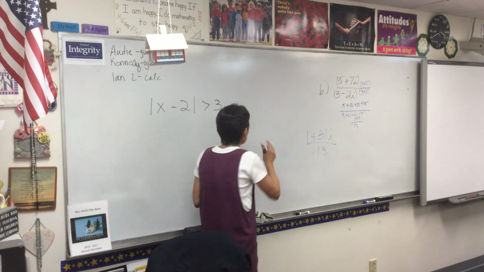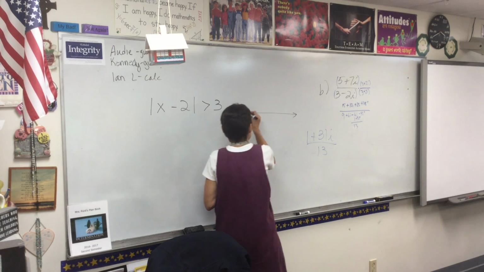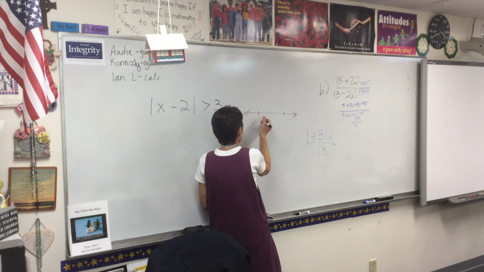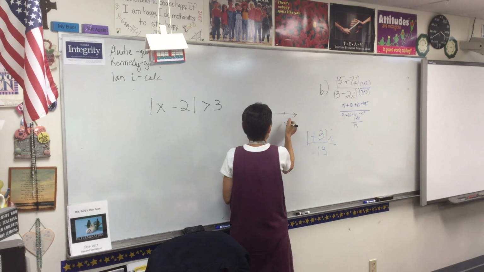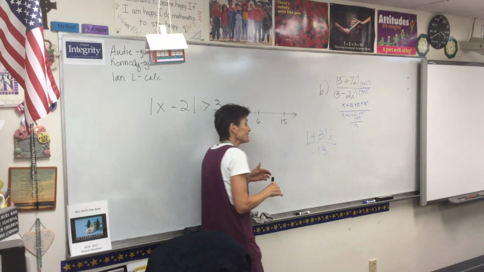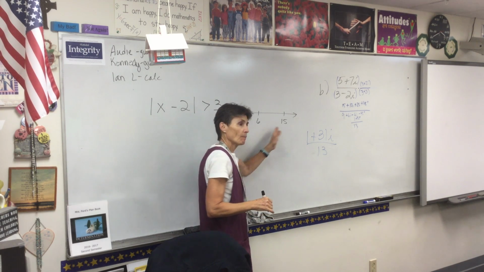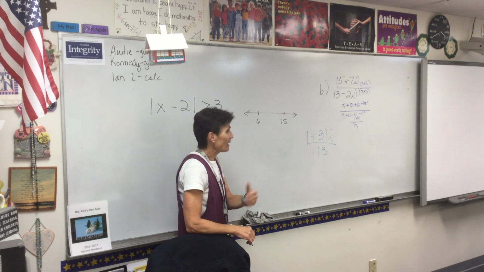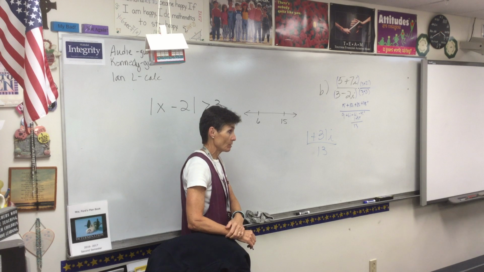Well, I want you to think about this. If I said to you, here's my number line, and here's the number 6, and here's the number 15. If I said to you, how far apart are those two numbers? 9. You would say 9. And how did you get 9? 15 minus 6. You subtracted, right?